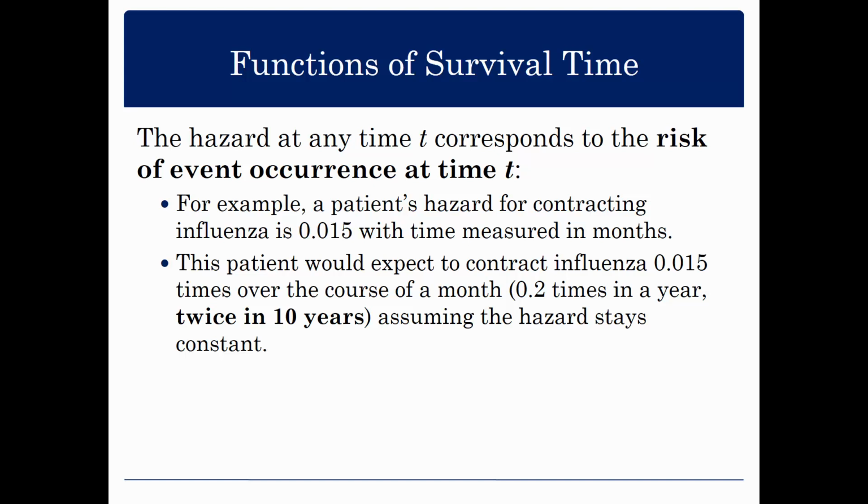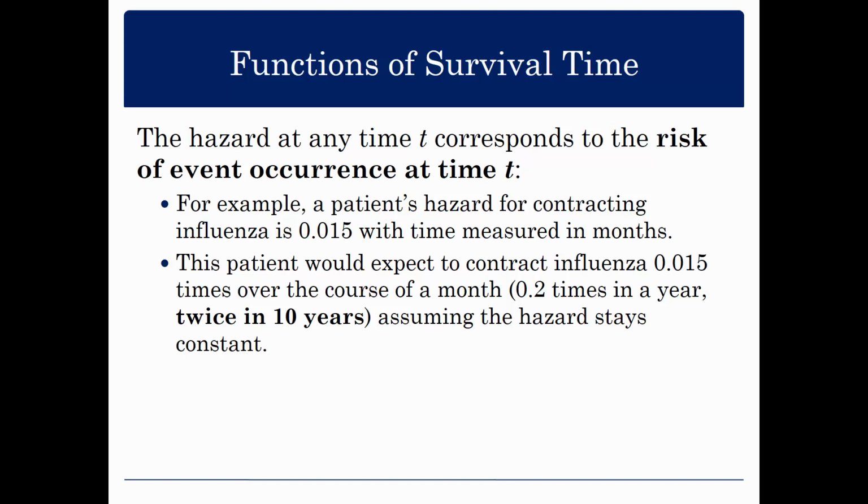So I could state in English that a patient's hazard or risk for contracting influenza is 0.015. And it's important that I know that time here is measured in months, because the unit of time tells me how I could modify this hazard estimate to something meaningful, because that makes absolutely no sense to me.